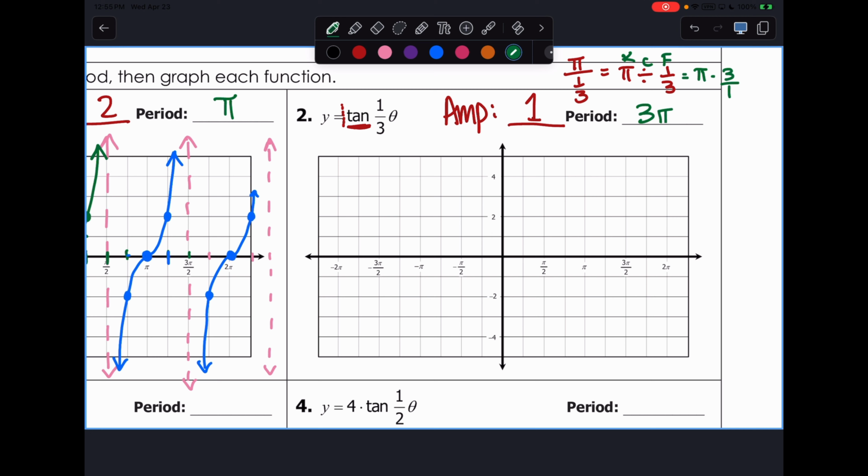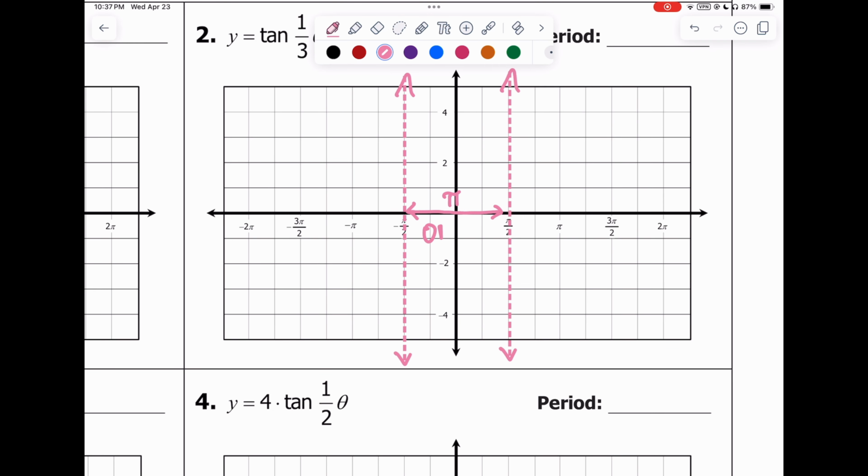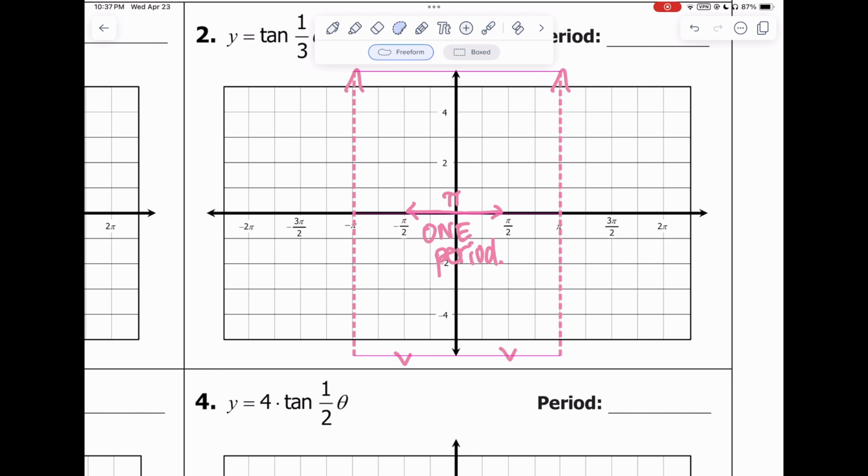All right, you ready? I'm going to show you on the screen because it's going to be hard to show on one dotted parts. This is a normal 1 period, right? Okay. If I were to add another period, I would go another half over on both sides. Agreed? So if I go 1/2, another half, I would have, what's the period then? 2 pi's, or 1 period.